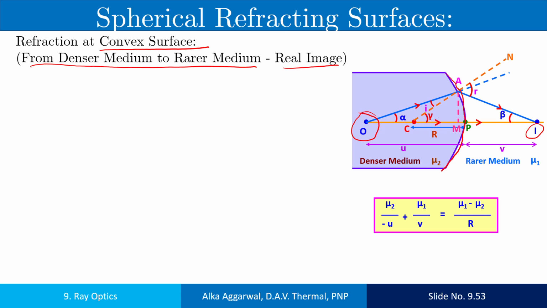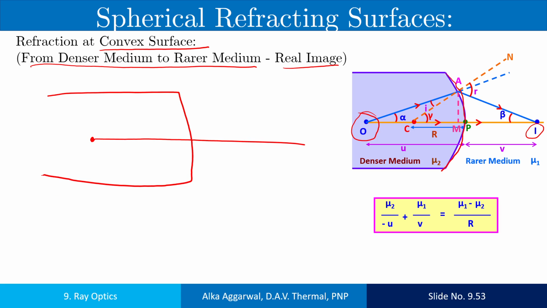Now first see how we can draw the diagram. Say it is a convex surface. Object is in denser medium. This is of refractive index mu2, this mu1.